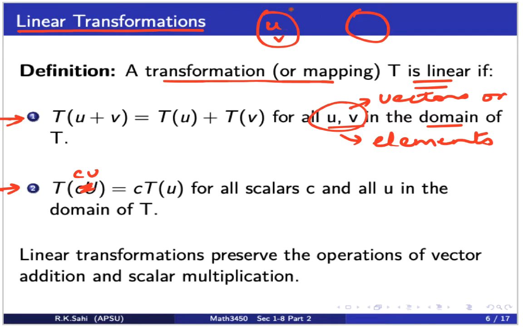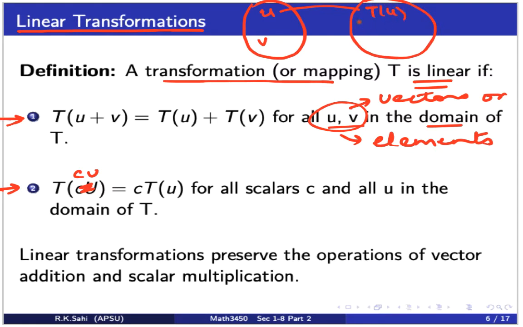let me explain it in a clearer manner here because I need a little bit more space. Okay, let's look at this one. This is vector U, this is vector V. Now when T acts on this, we're going to explain what this T of U plus V is basically doing. So when T acts on U, it takes us to an element TU.